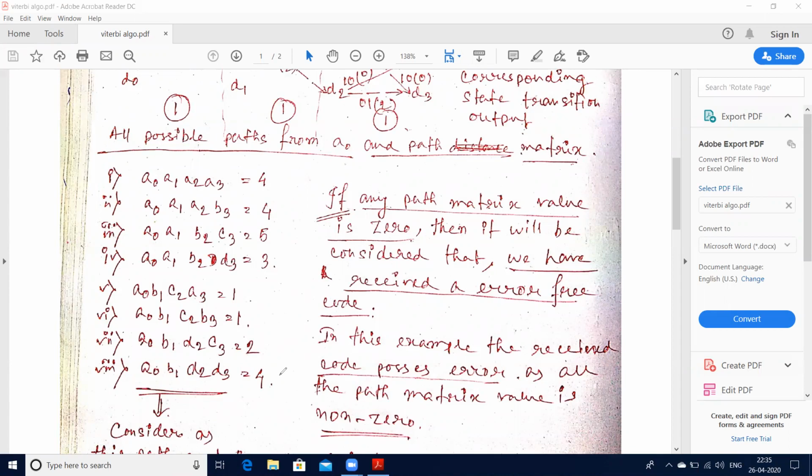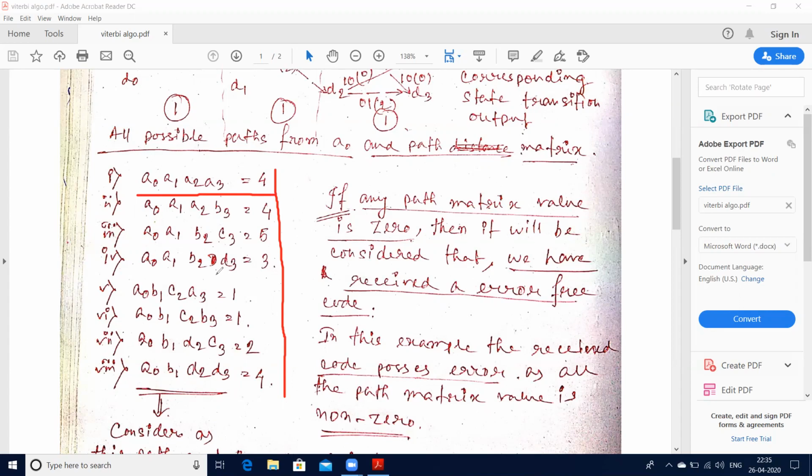Now, what will we do with these path matrices? This is the determining case: if any path matrix is 0, then the received code is to be considered an error-free code.